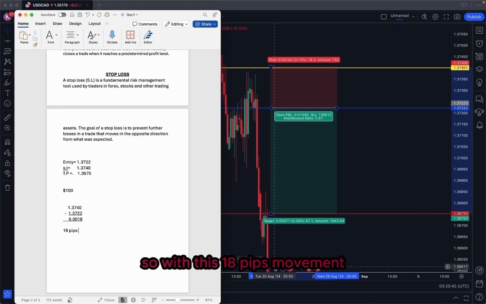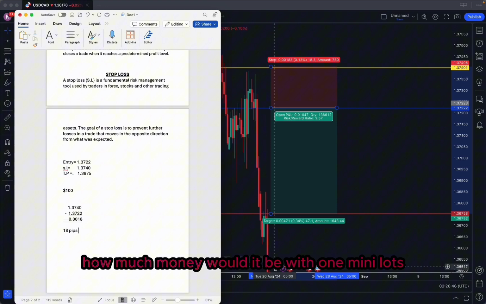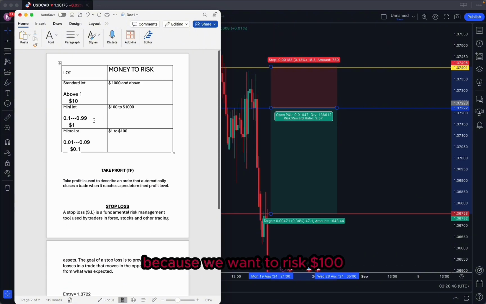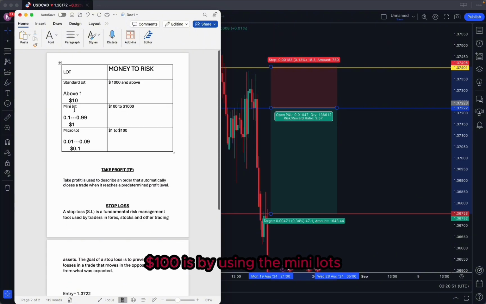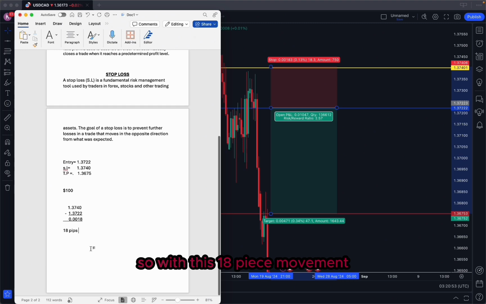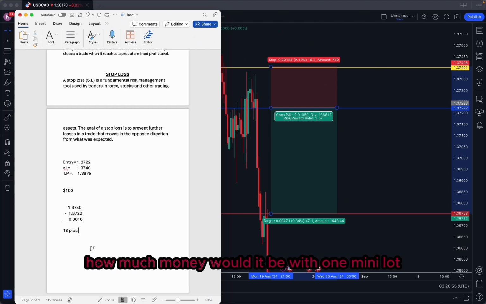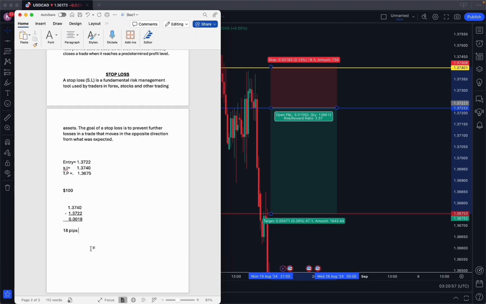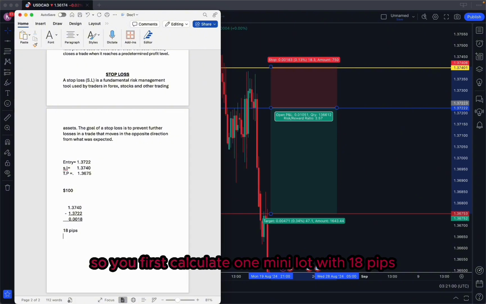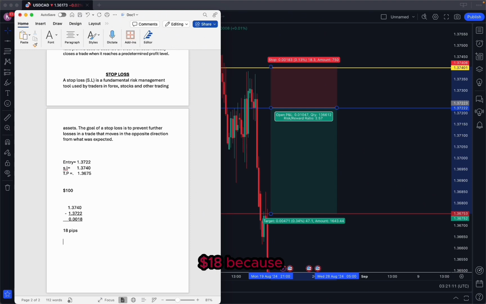Now that you know the pip difference between the entry and the stop loss, with this 18 pips movement, how much money would it be with one mini lot? Because we want to raise $100, and $100 is by using the mini lot. So 1 mini lot with 18 pips is going to be $18, because 1 pip movement by entering 1 mini lot is $1.